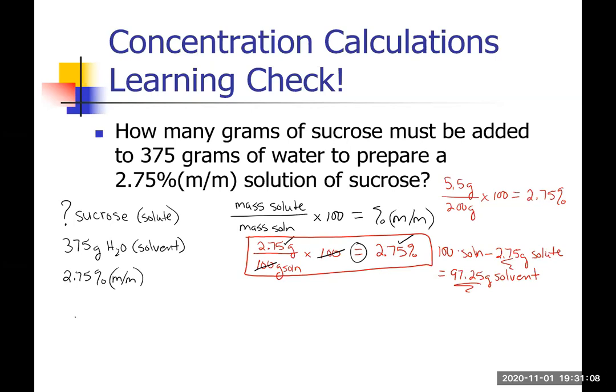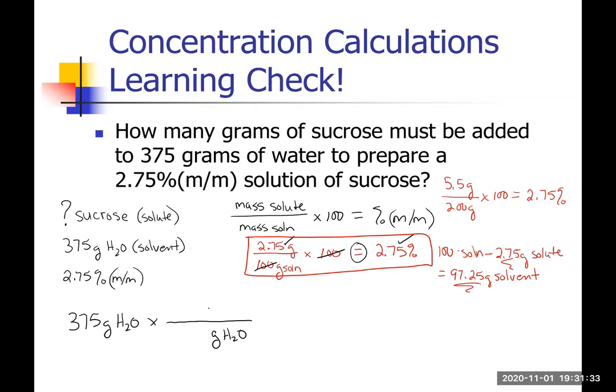We start with our 375 grams of solvent. If I don't know anything else, I do know in dimensional analysis that I don't want grams of solvent, water. So it's going to go on the bottom. What I'm after is the mass of sucrose, my solute.